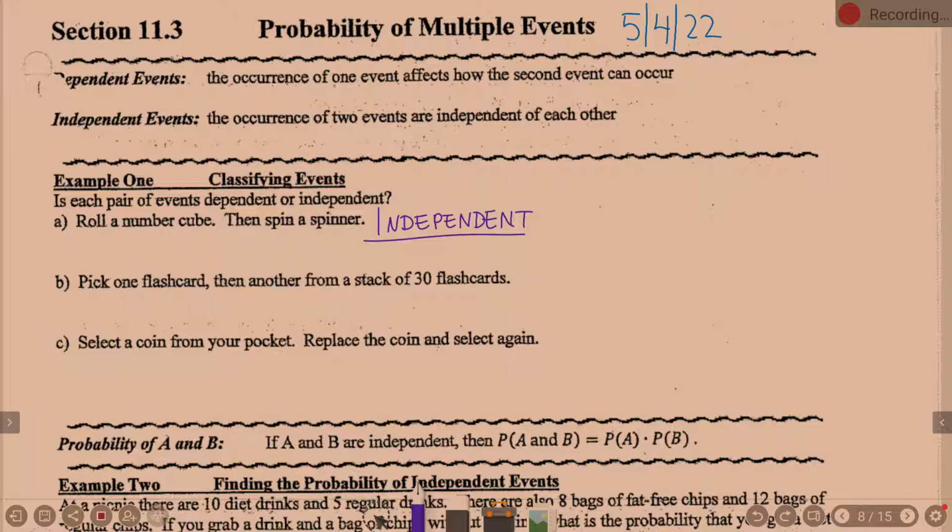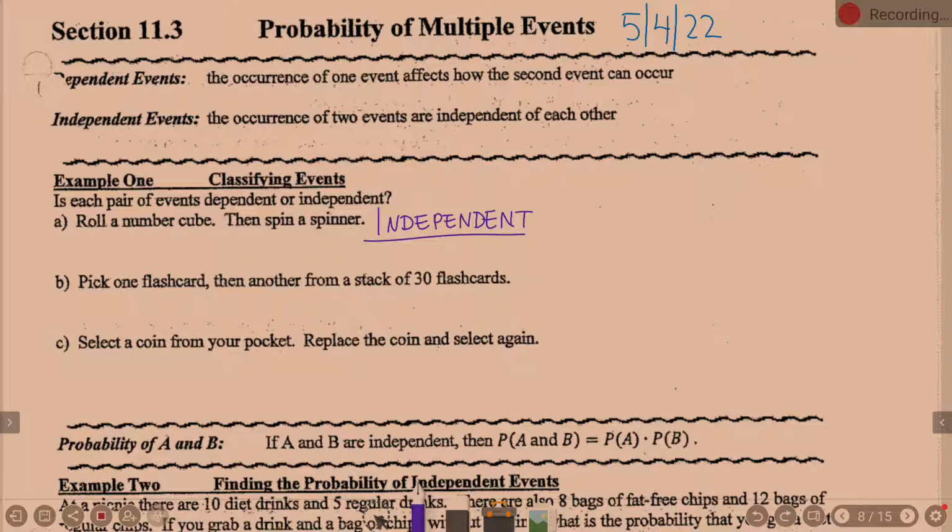B, picking one flashcard and then another from a stack of 30 flashcards. Independent or dependent events here? I pick one flashcard and then I pick a second flashcard from the same pile.